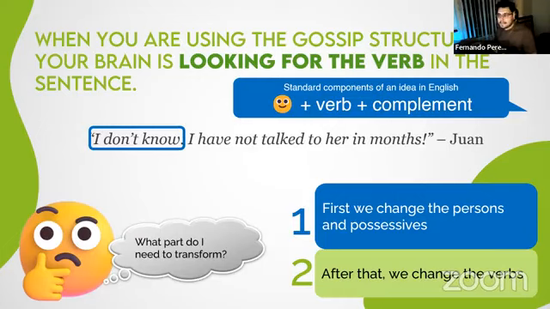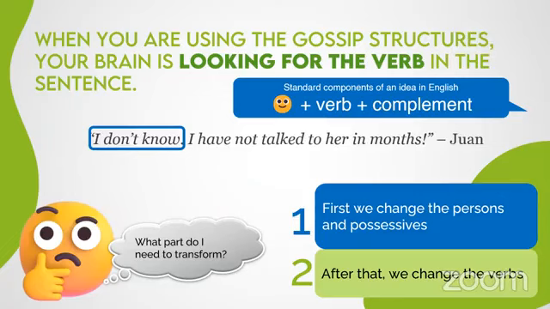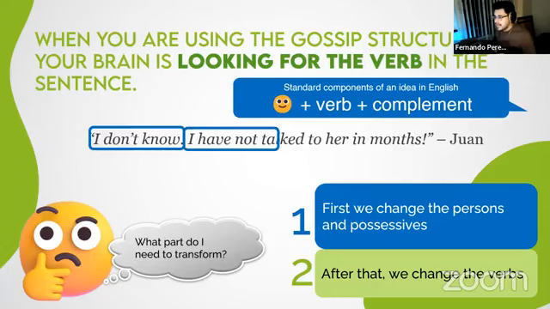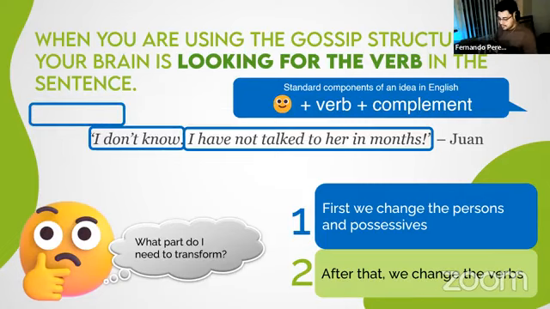And then, what is the other idea, Cesar? I have not talked to her in months. Totally correct. I have not talked to her in months. This is how we identify that there are two ideas.